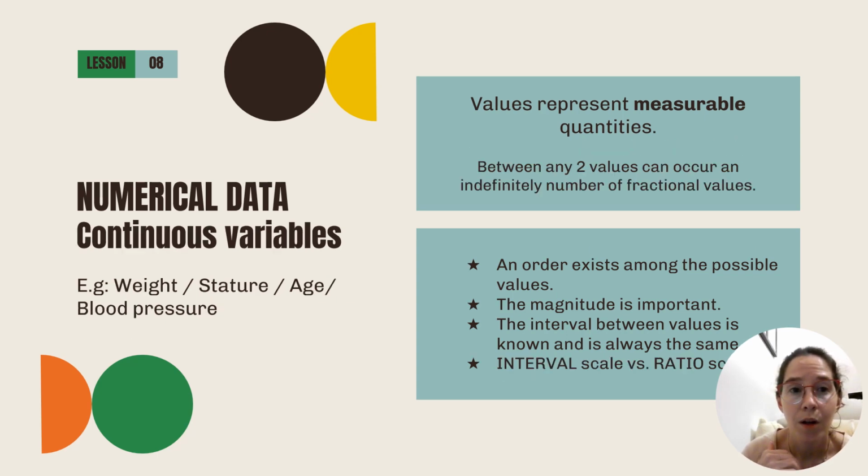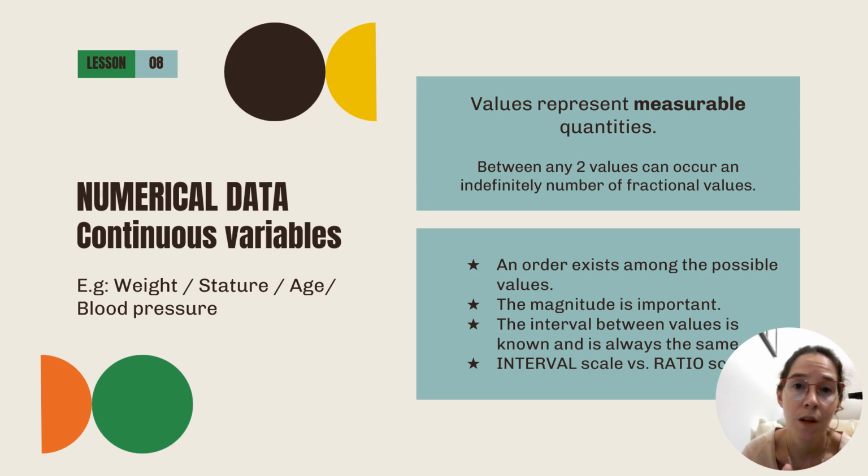Then we have continuous variables that are also inside numerical data or numerical variables. They also represent measurable quantities, but here data is not restricted to whole values. Instead, they can take any value. Fractional and decimals are also included. The magnitude is important. An order exists among the possible values, and the interval between the values is known and is always the same. So here, until now, it is very similar to discrete variables.